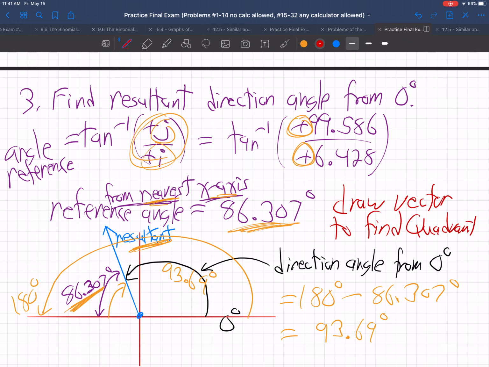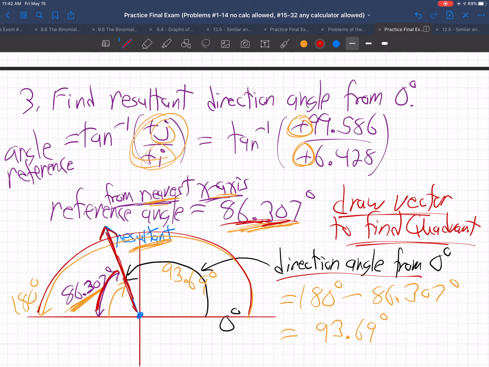You can't skip that step. So I drew it. It's in the second quadrant right here. And so then I knew the reference angle from the nearest x-axis was right there. Then I could find the overall direction angle from 0 by going 180, back up, 86.3, subtract. Got it. There we go.